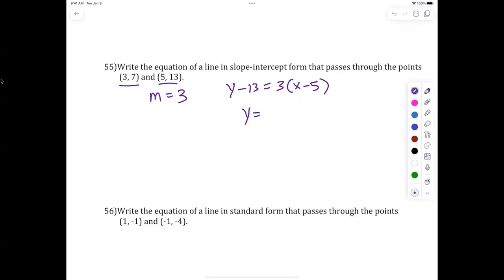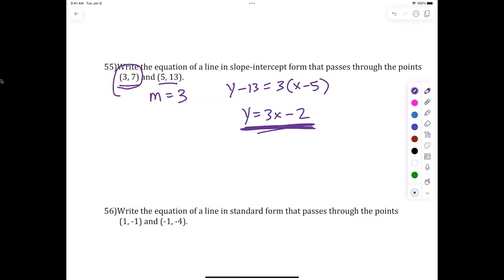So y equals 3x minus 15, and then I add 13, so I have -2. If you got that for 3/7, now you understand that it's the same line. That's the answer to the problem.